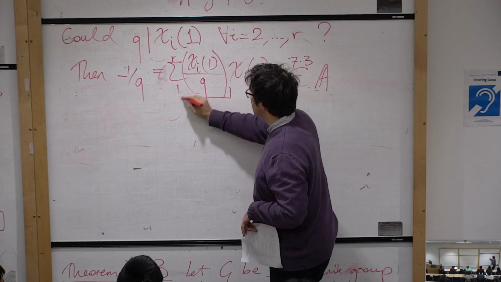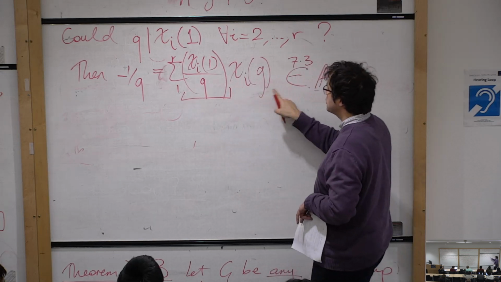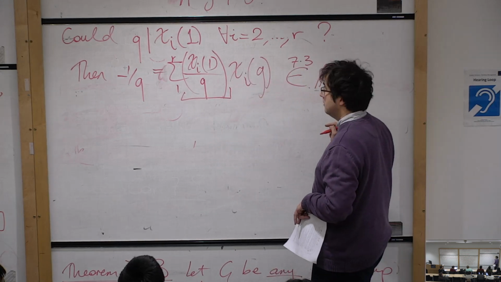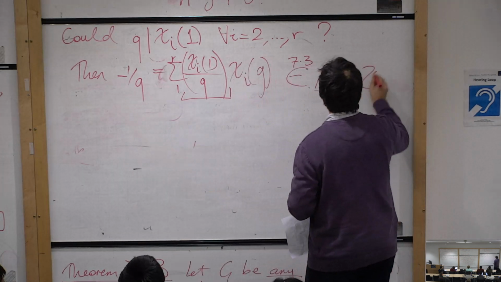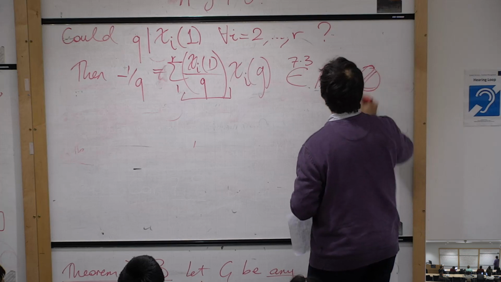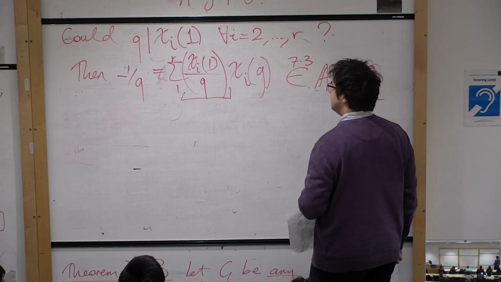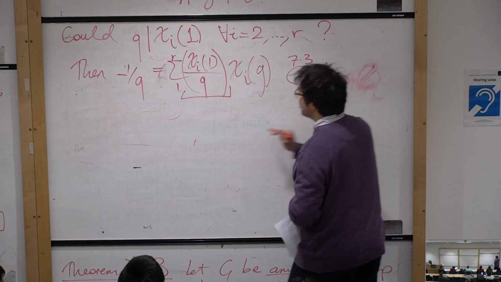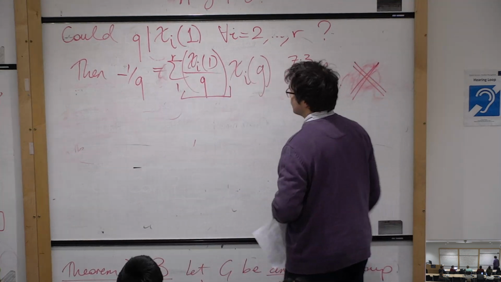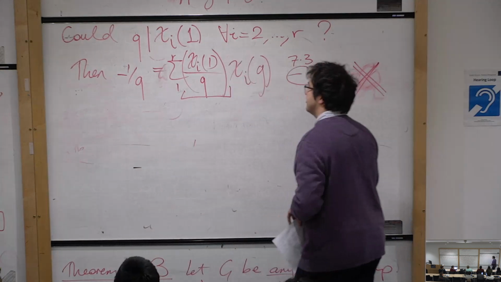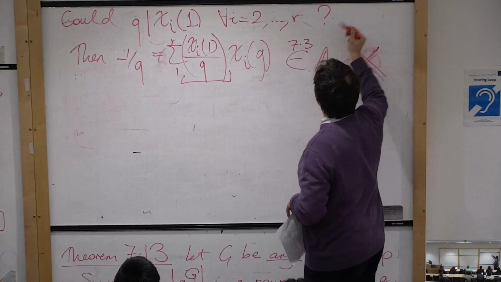Because these numbers are whole numbers, and this guy's an algebraic integer, they form a ring. That's no good. Sorry, this is not an algebraic integer. Contradiction. Because the only algebraic integers which are rational numbers are whole numbers. And so no, the answer is no.